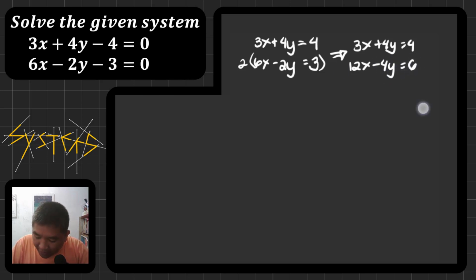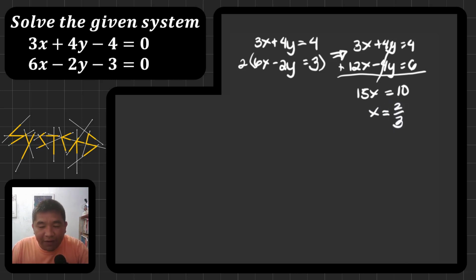Now if we're going to add these two equations, we could see that we could now remove y, and we could solve for the value of x. That value of x later will be used to solve for y, and we could verify it later as well. So when we add this, you will have 15x is equal to 10 on the constant. Dividing both sides by 15, x is 10 over 15, or in lowest terms, you will have 2/3.